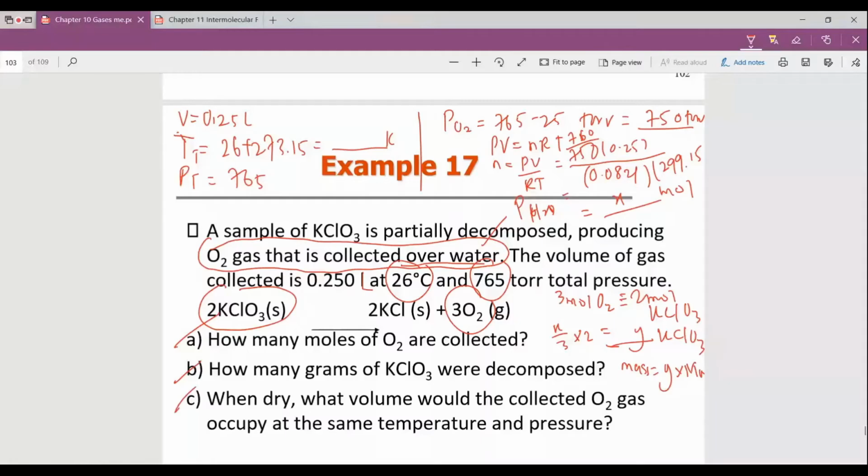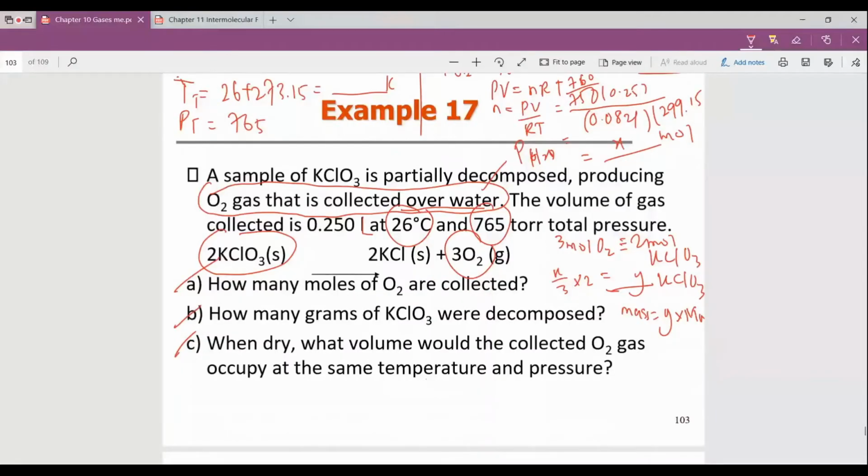Okay, when dry, what volume will be collected? The O2 gas occupied at the same temperature and pressure. So how to calculate the volume? Use the formula PV equal to nRT. What volume will the collected O2 gas occupy at the same temperature?